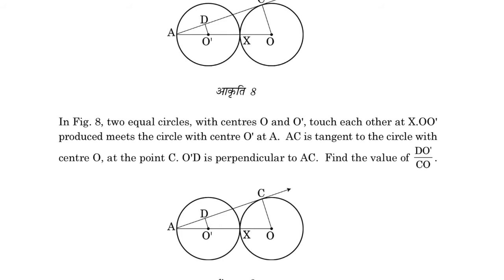24th question. In this question, we are given two circles with equal radius with centers O and O dash. So this is O and this is O dash.